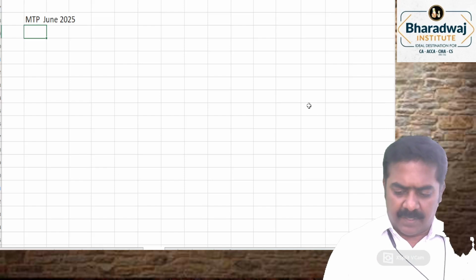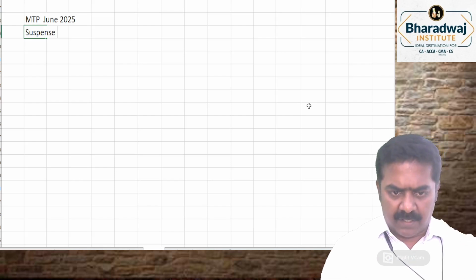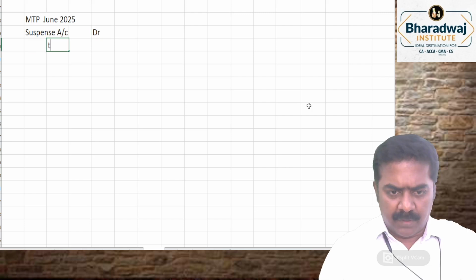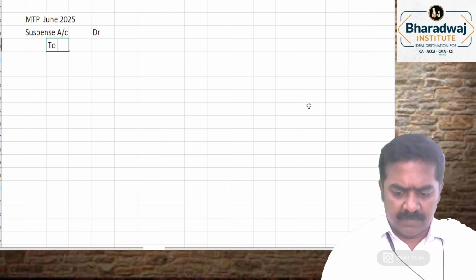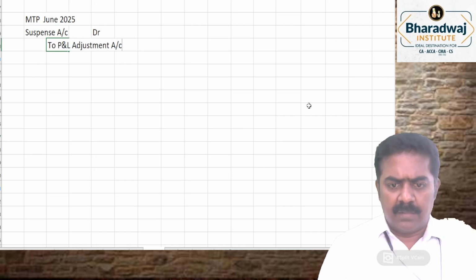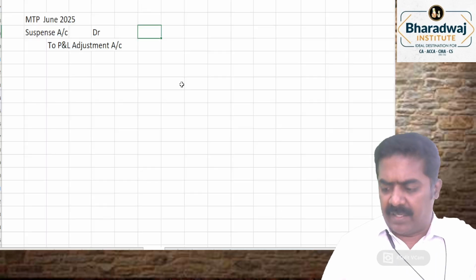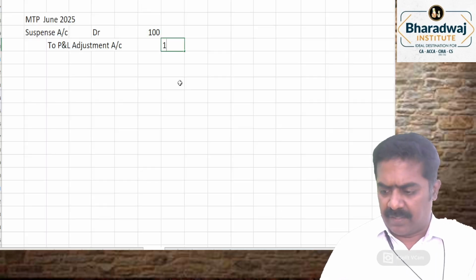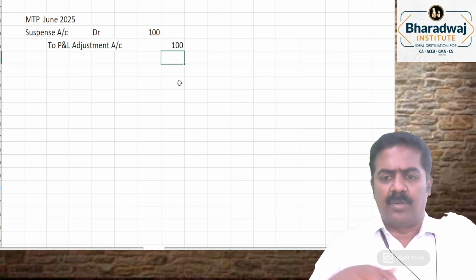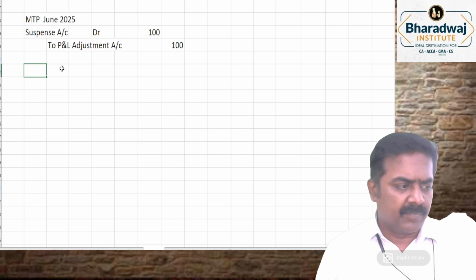What is the entry we will pass? Suspense account debit to P&L adjustment account. Purchase returns will have a credit balance. Since we entered a lesser amount in credit, we credit further. Next.